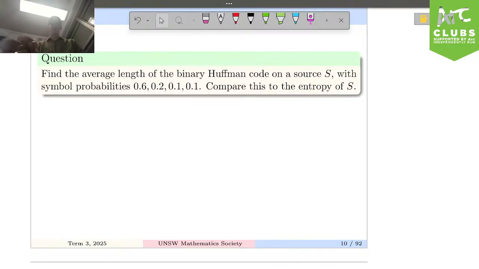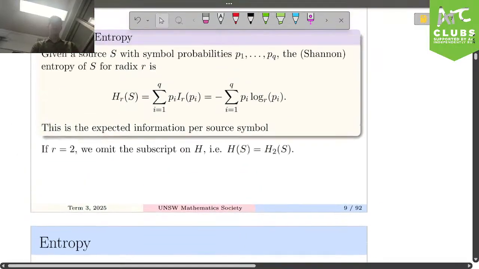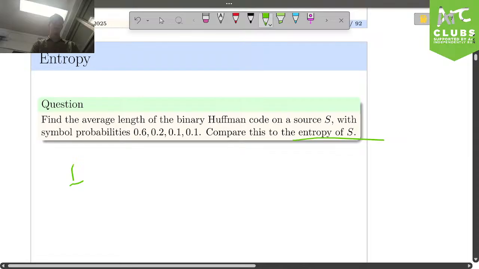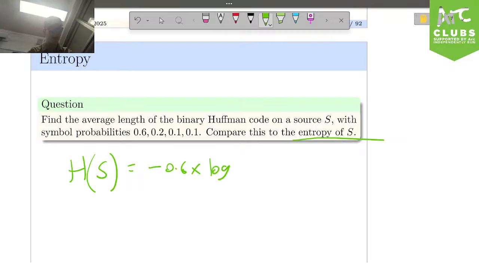We can, if we want to, apply our Huffman algorithm again on these probabilities. We remember how to do that from yesterday. If you're not quite sure, you can try to rewatch that recording. But then we can also try to find the entropy. So this entropy, what we denote as H, of this set of source symbols would be 0.6 times log base, and what base do we want to use?